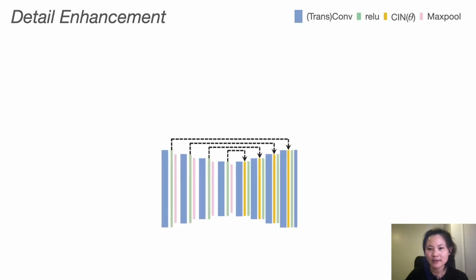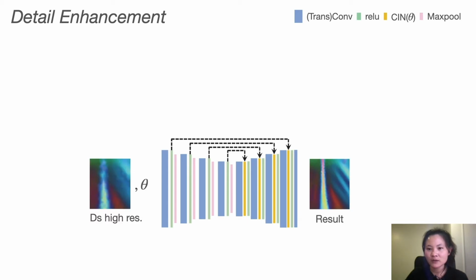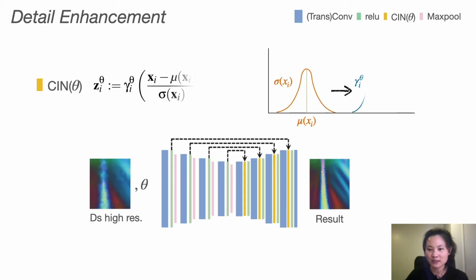We adopt the UNet architecture for our detail enhancement network. The encoder projects the input normal map into a latent space. The latent representation is then used to construct the output normal map by the decoder. Although garments made of different materials may share similar coarse geometry, the fine details can vary conditioned on the material.